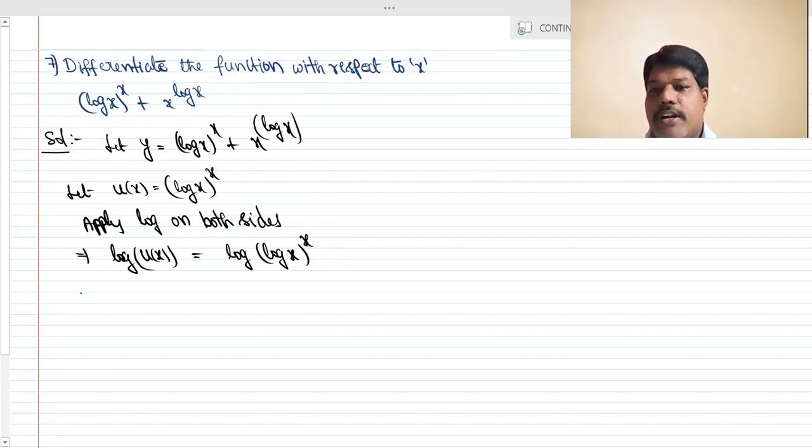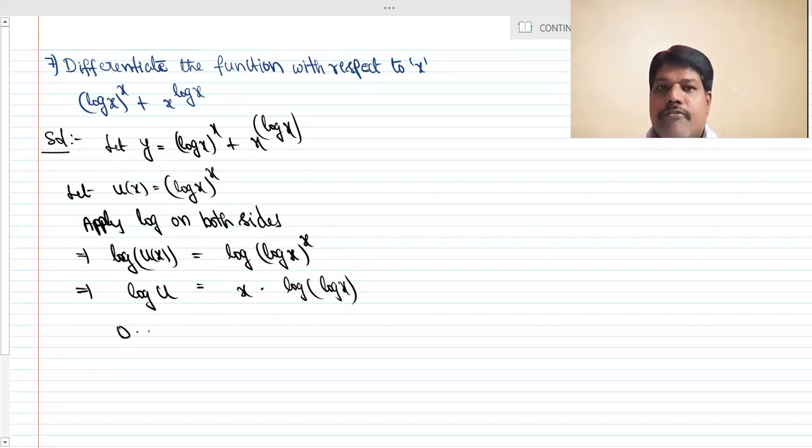Then what happens, students? Already you know that log u is equal to, you can write the power in the front. That is nothing but x into log of log x. Then we differentiate with respect to x.